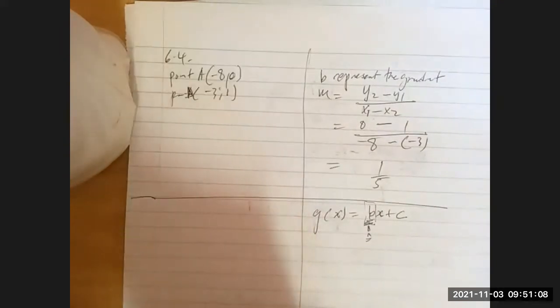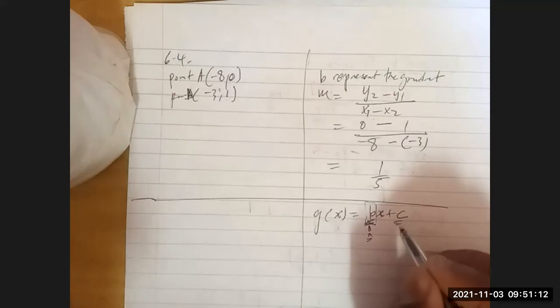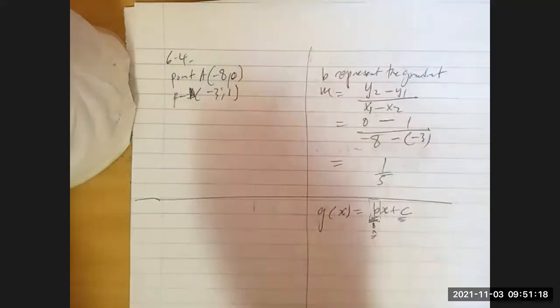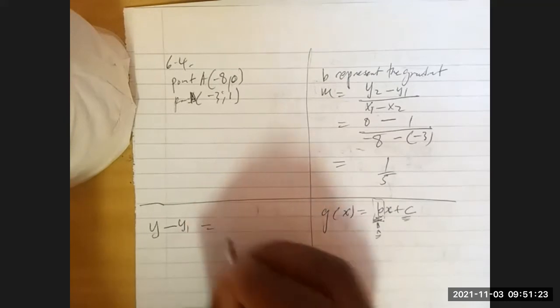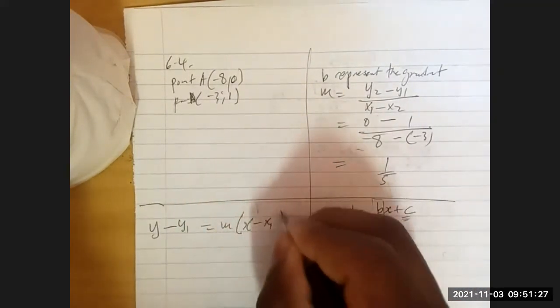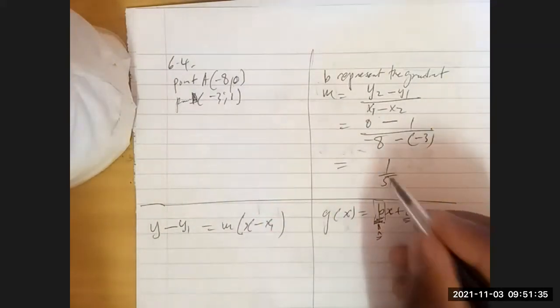With me having the gradient now, what is left for me to find? I'm left with finding y. But you may not need to go to that extent because there is this equation that I like: y minus y1 is equal to m times x minus x1. When you want to find the equation of a linear graph, what matters the most is finding the gradient. If you can find the gradient and take any of the points that you have, then you're fine.